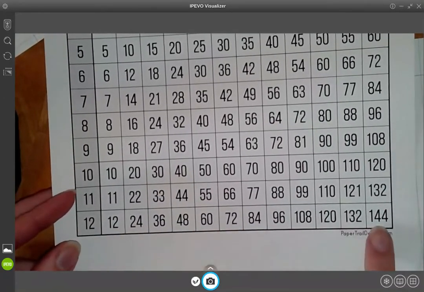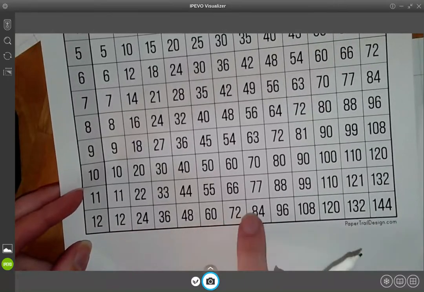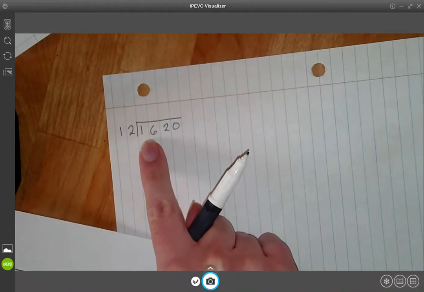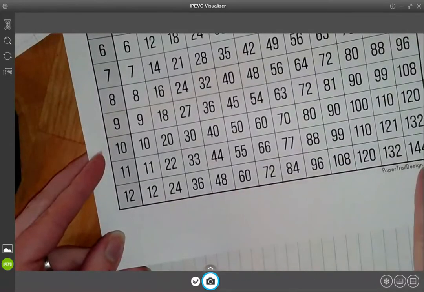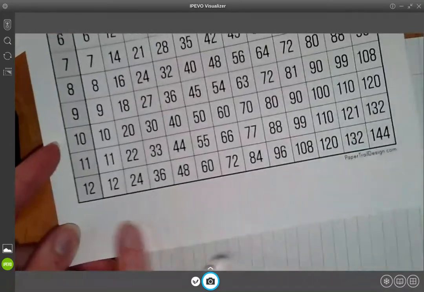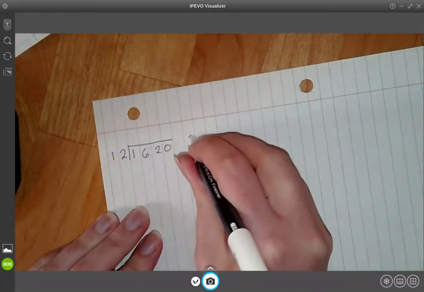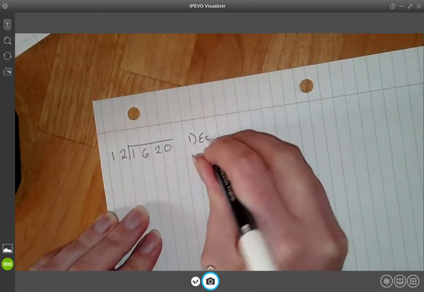All right. But I'm looking here at my multiples of 12, and I don't see the number 1,620 in this set of multiples. So I know that 12 times 12 is still too small. So if I'm estimating this out, step one, I'm going to estimate.